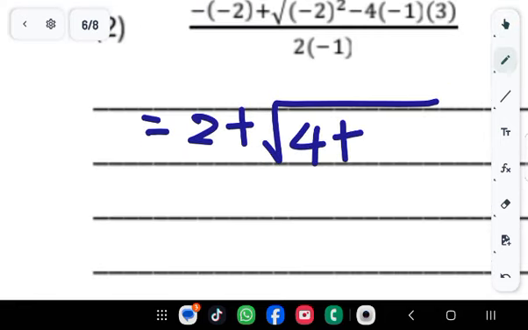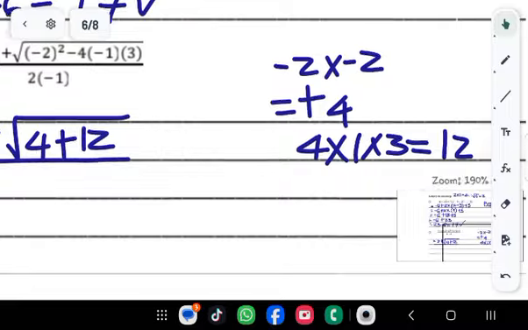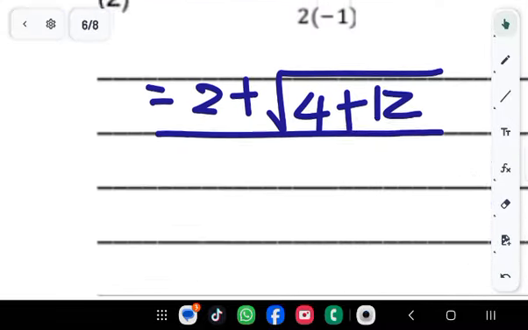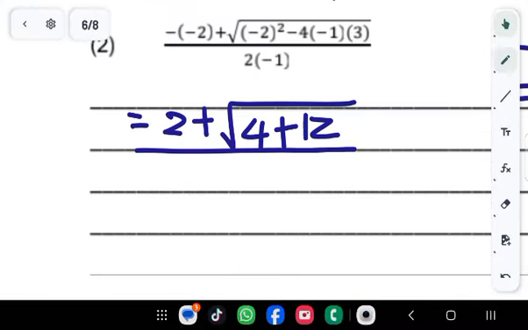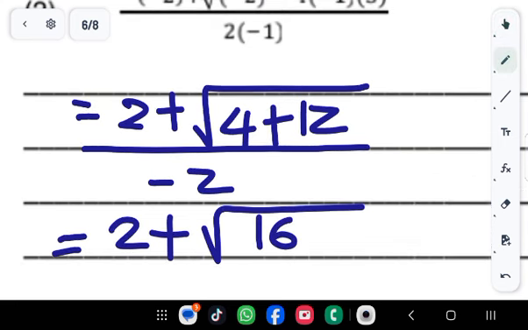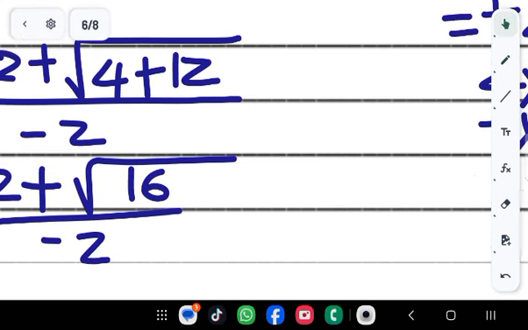So that will be 4 plus 12 all over 2 times negative 1. Positive times negative is negative, so that will be negative 2. So that is equal to 2 plus the square root of 4 plus 12, which is 16, all over negative 2. Now 2 plus the square root of 16.